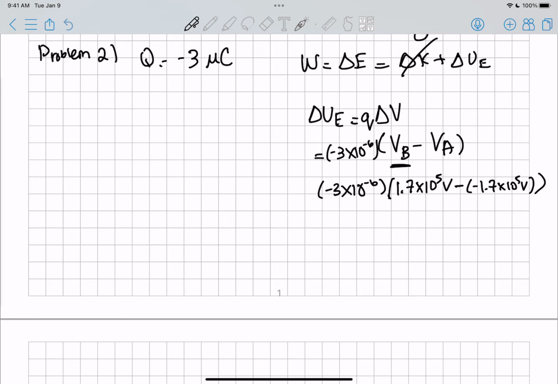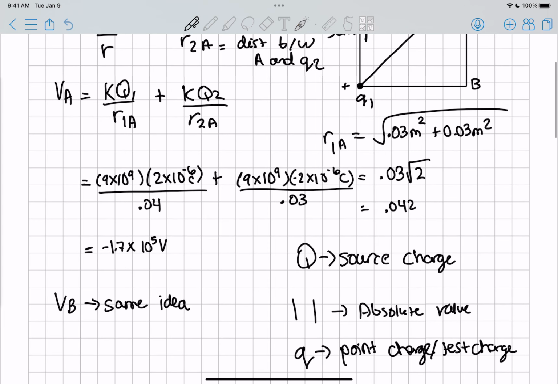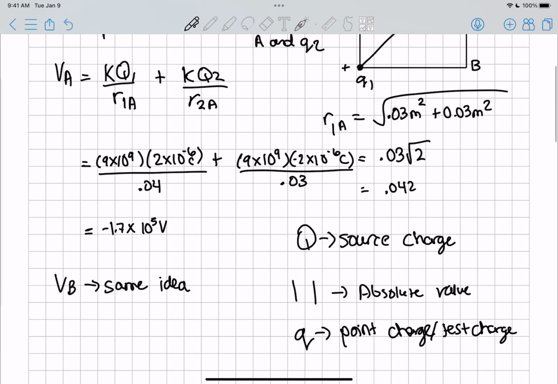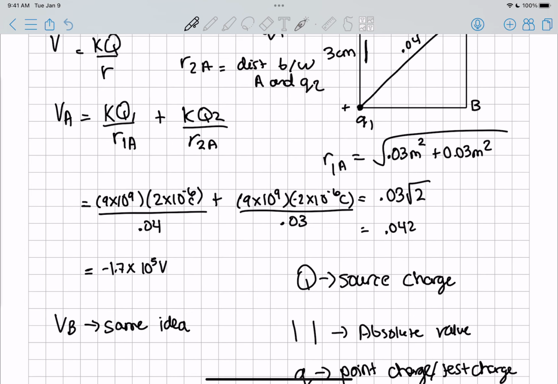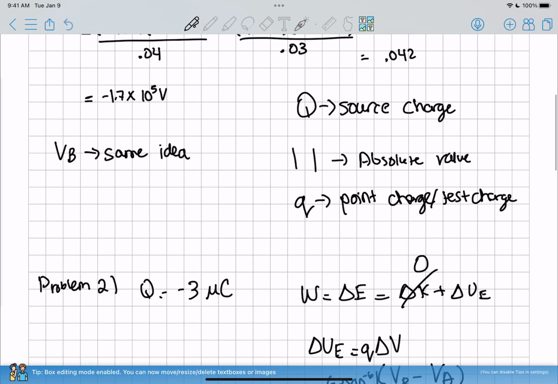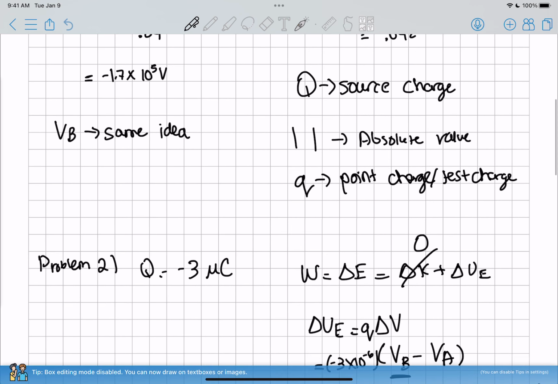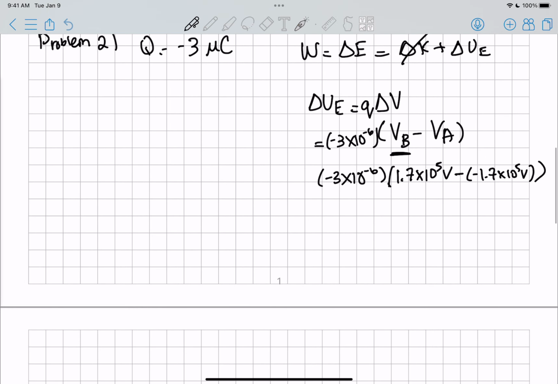It might just be a difference in whether you used 0.04 for your distance for R1A or 0.042. Like, it just kind of depends, I guess. But I would double check your work as well, just to make sure that you have all the work correct, like I have it here. But yeah, essentially you just take your VB from part A, or from problem 1, minus VA from problem 1. That's your delta V, and you multiply it by your test charge.